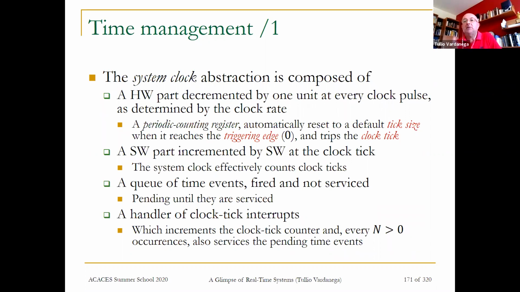It is called an interrupt because it stops the fetch stage of a pipeline. Otherwise, a processor would do fetch, decode, read, execute, write, fetch, decode, read, execute, write, forever. With an interrupt, it says, oh, I cannot fetch. I have to do something else. And what else? Handling the clock tick.